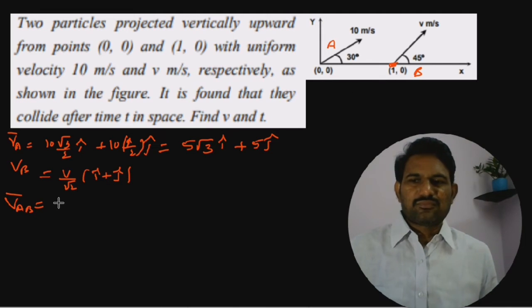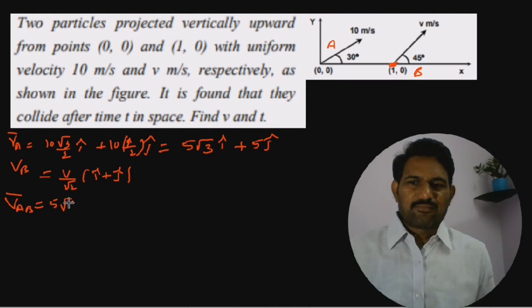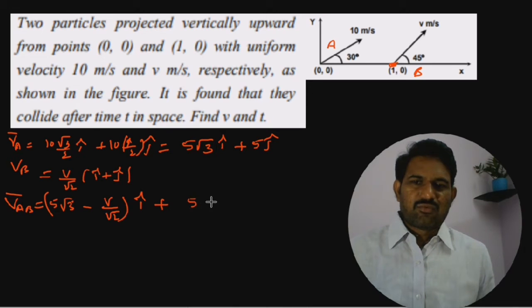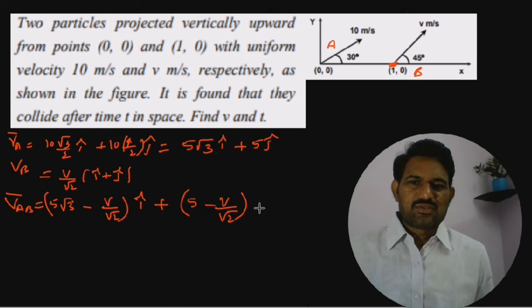So let us write this: 5 root 3 minus V by root 2 i cap plus 5 minus V by root 2 j cap, right?